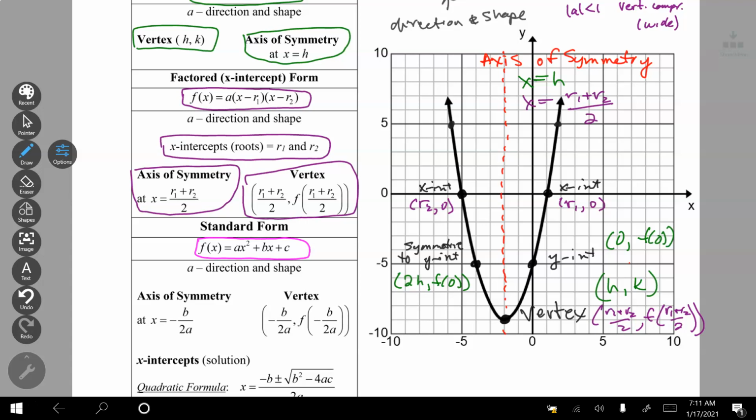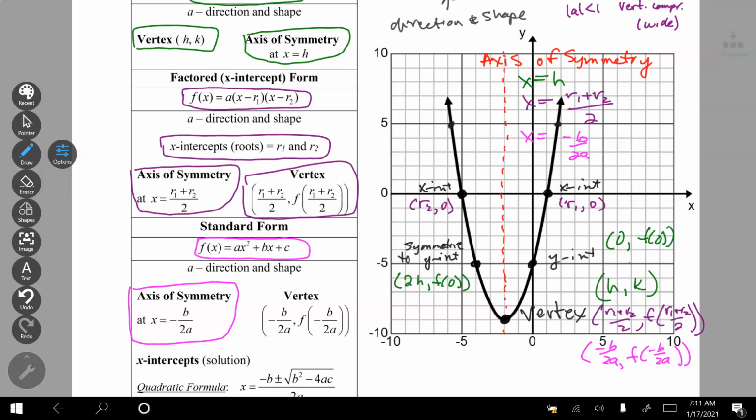I could find the y-intercept easily by plugging in 0, but the axis of symmetry has a very special formula right here. x equals negative b over 2a. And once I have the x value of the axis of symmetry, I could plug that into the function and get its vertex as negative b over 2a and f of negative b over 2a.